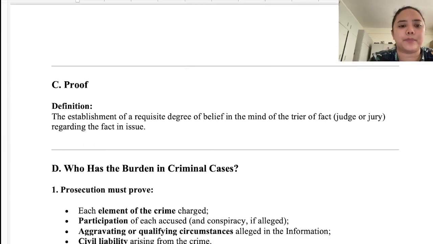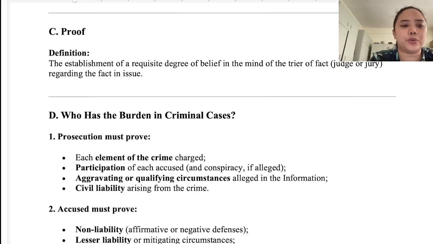Okay. Let's now go to proof. It is the establishment of a requisite degree of belief in the mind of the trier of fact, which in our case is a judge, because we have no jury, regarding the fact in issue. The establishment of a requisite degree of belief.